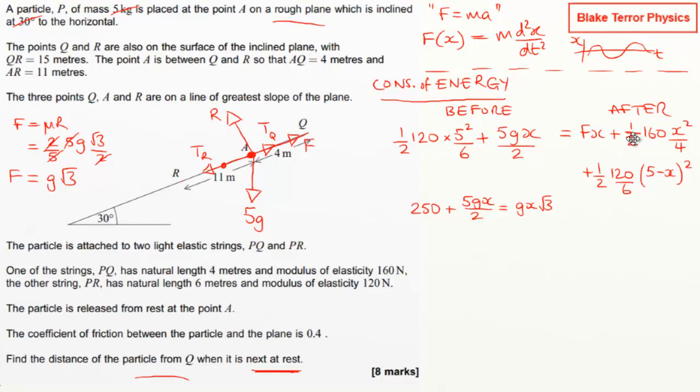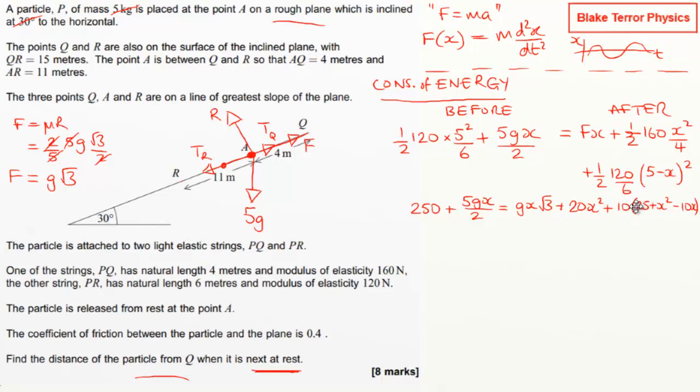Then we've got a half of 160 divided by 4, so that's 20x squared. And then here we've got 10 multiplied by 25 plus x squared minus 10x, just about squeezing that on. So just need to expand out that last bracket.